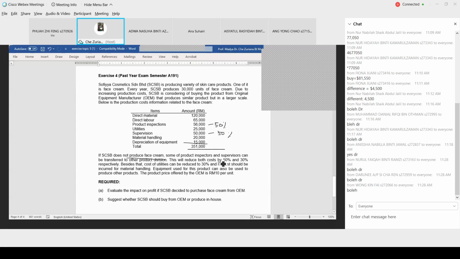Buy ni kan. Maksudnya kalau buy, you boleh save ni. Kalau dia tak produce, dia boleh kurangkan cost supervision sebanyak 30%. But then utility can be reduced to 30%.